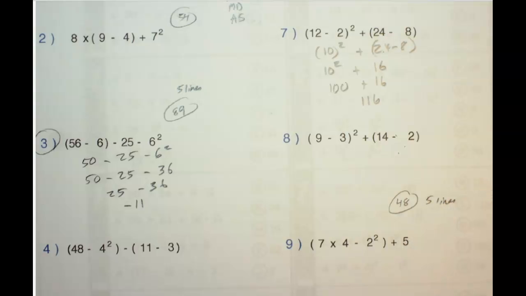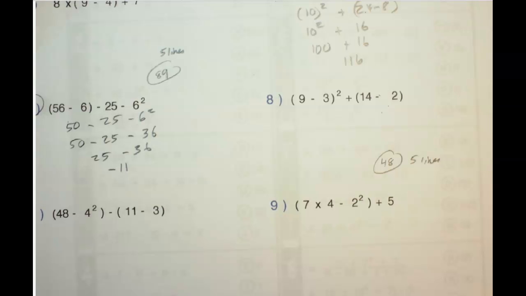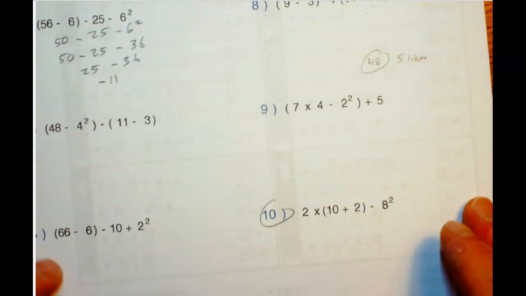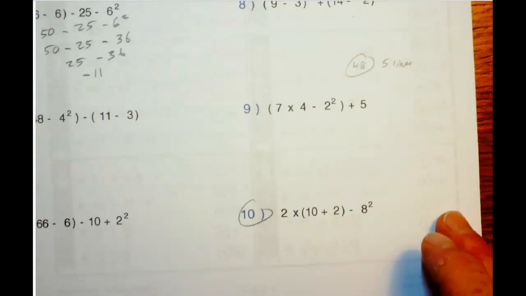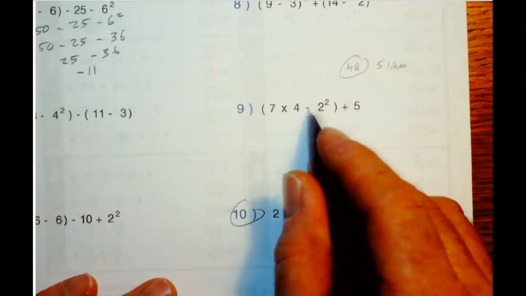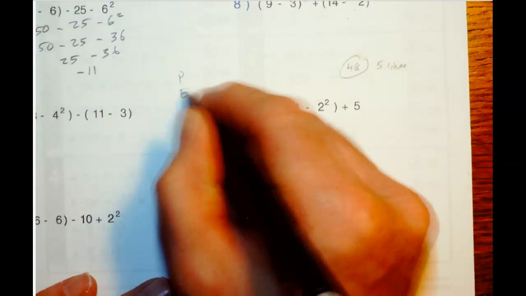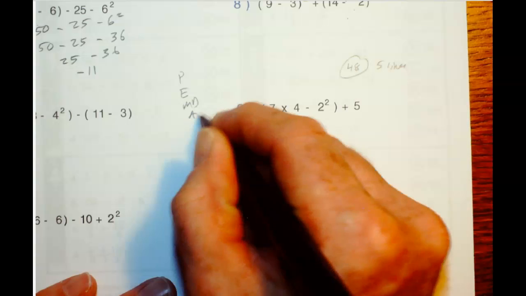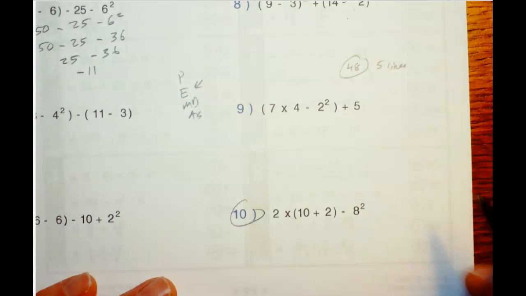All right, let's just keep going down here. We'll do number 9 and number 10. Okay, well, we've got to go inside the parentheses first, and inside the parentheses we have multiplication, subtraction, and exponents. According to PEMDAS, we have to do the exponents before we do multiplication, so we'll do exponents here.